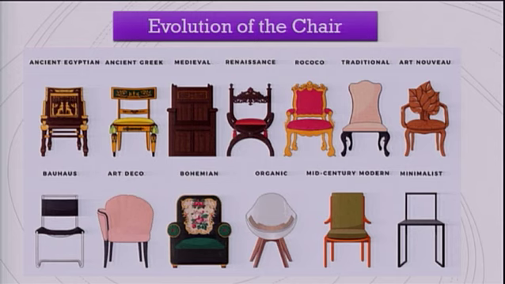Chairs are of numerous designs and have evolved over time into a multitude of different styles. This photo gives us only the main styles. You will find that the history of chairs started in ancient Egypt. If we compare the ancient Egyptian chair to the minimalist one, you will see that Egyptian chairs appear to have been of great richness and splendor.